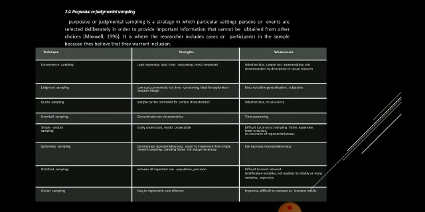It is where the researcher includes cases or participants in the sample because they believe that they warrant inclusion. The table shows the technique, strengths and weaknesses of judgment sampling.